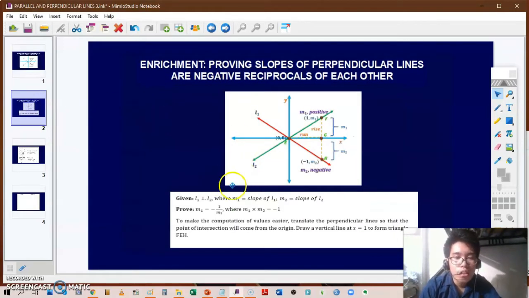Okay, so let's try to prove why the slopes of these two lines are negative reciprocals of each other.